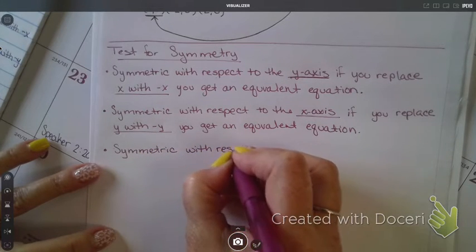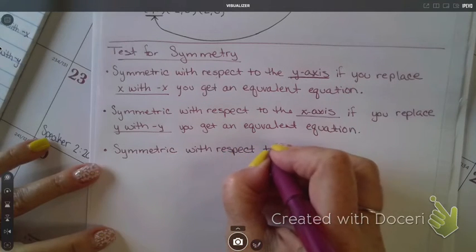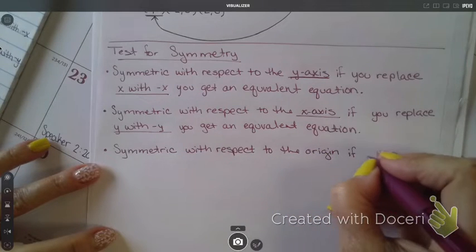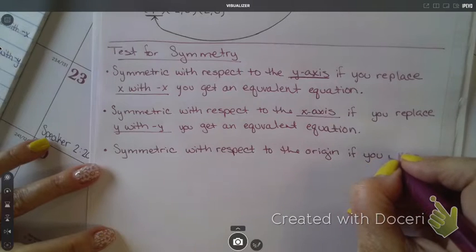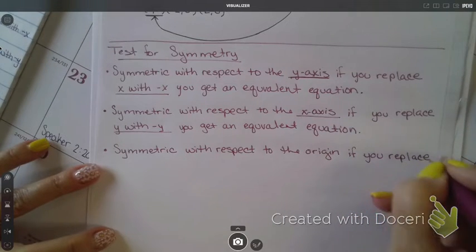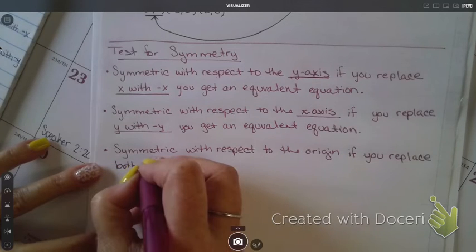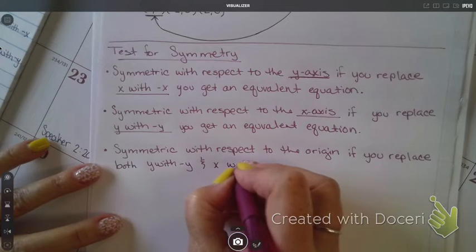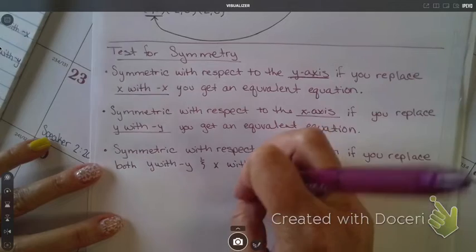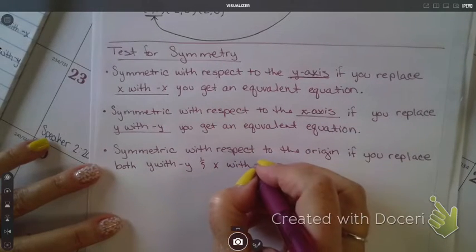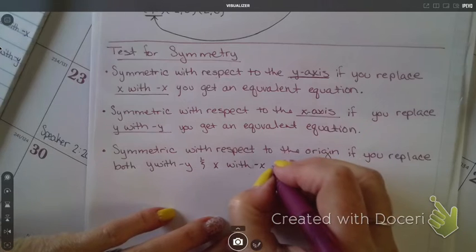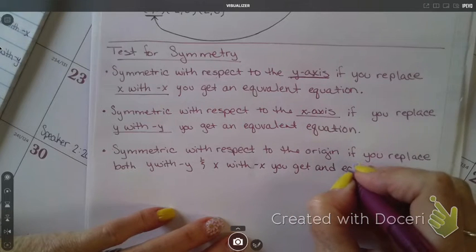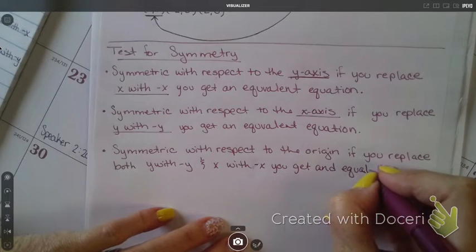Symmetric with respect to the origin: if you replace both y with negative y and x with negative x, and you get an equivalent equation.